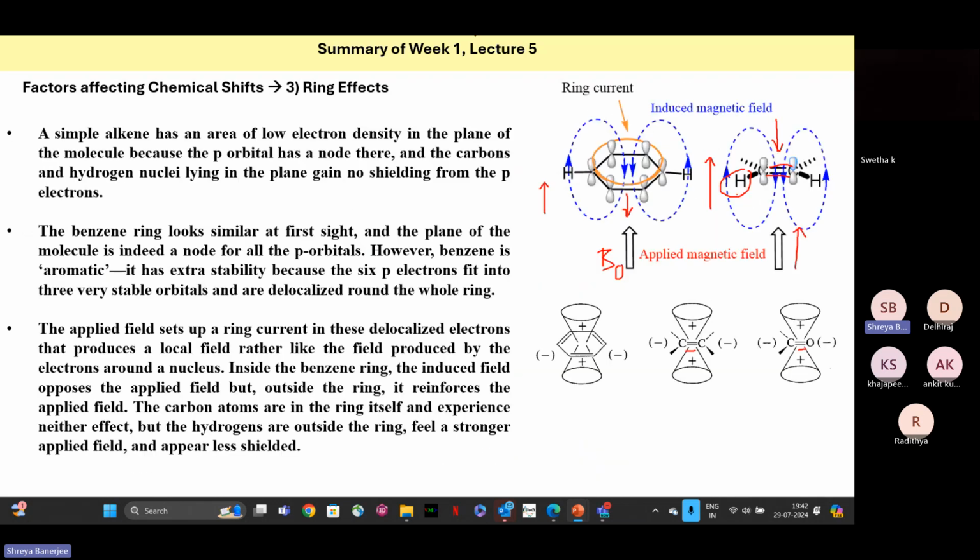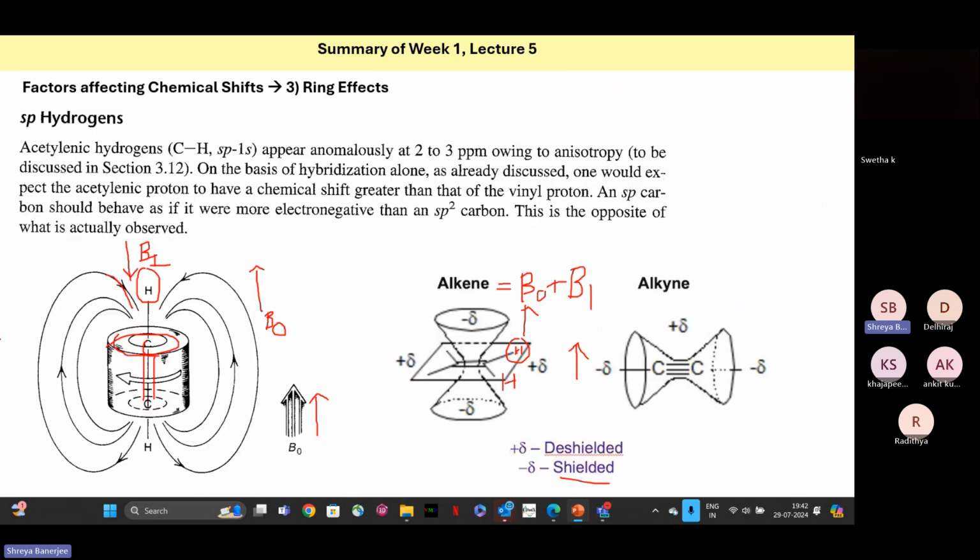We just saw here, because B0 is also in the upward direction and Bi is also in the upward direction. So in case of double bonded compounds like alkenes or benzenes, it experiences B0 plus Bi. So it is deshielded.